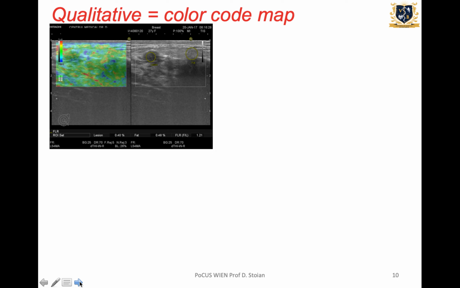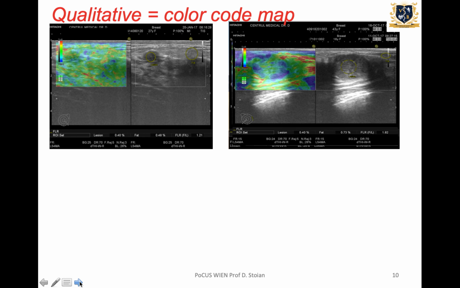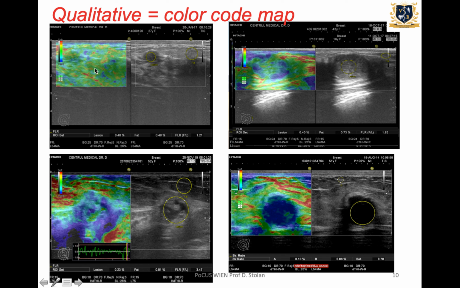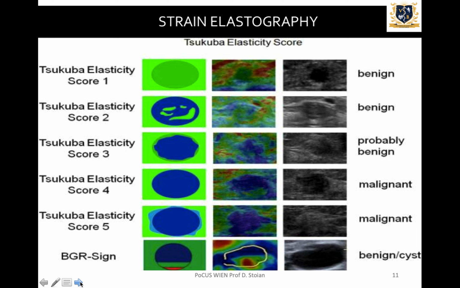The qualitative mode is a color code map where lesions go from soft, very soft, category 2 of the color code map, to category 3, where hardness is more prominent from outside to the inside, and category 4, where the entire lesion is stiff, or this multi-layered blue-green eyeball aspect typical for cystic lesions.